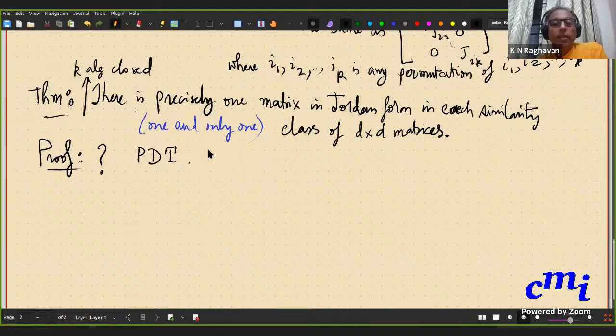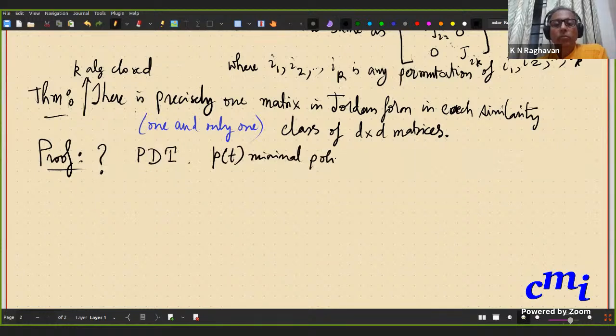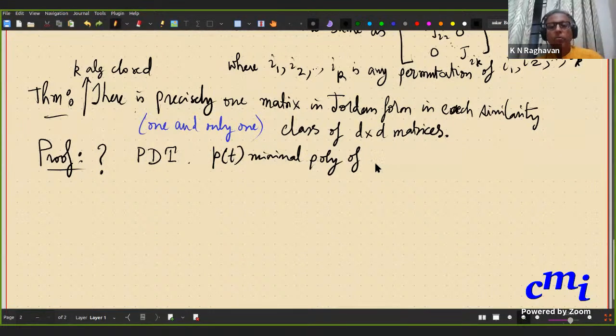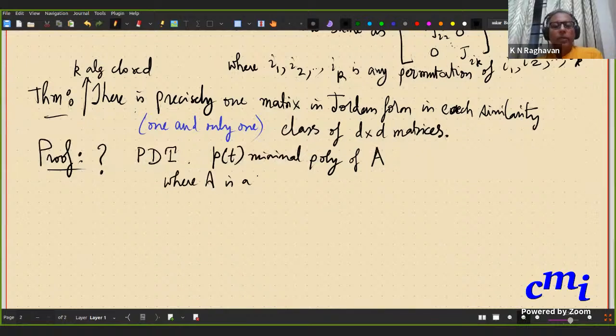It says let us take P_T to be the minimal polynomial of T. Since I've said matrices here, let me change T to A, where A is a fixed D by D matrix.